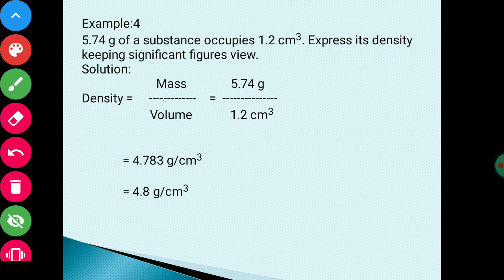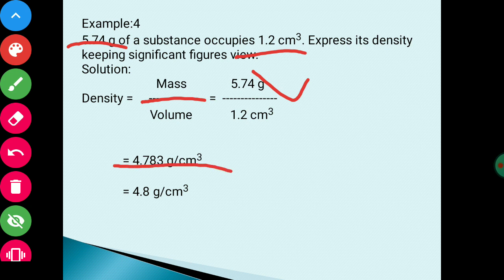So we need the result up to one decimal place only. Now the solution. The formula for density is mass by volume. So put the values of mass and volume there. Mass is 5.74 gram, and volume is 1.2 centimeter cube. Now just simply divide it.